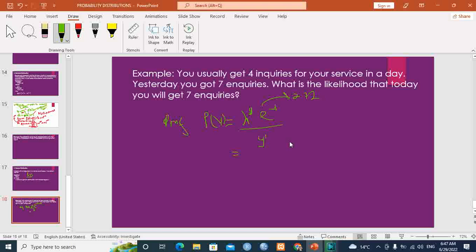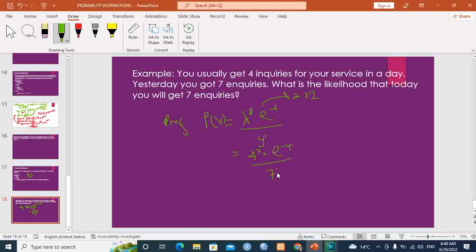So lambda is the frequency that you are used to. So it is 4 raised to power y, which is now 7: 4 raised to power 7 times exponential of negative 4, and we divide this by 7 factorial.